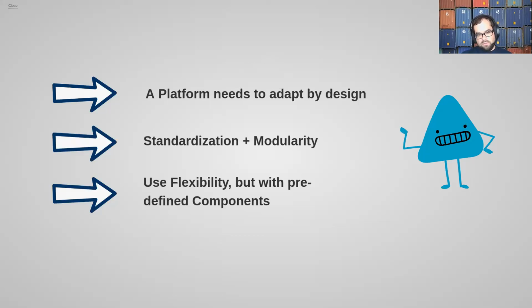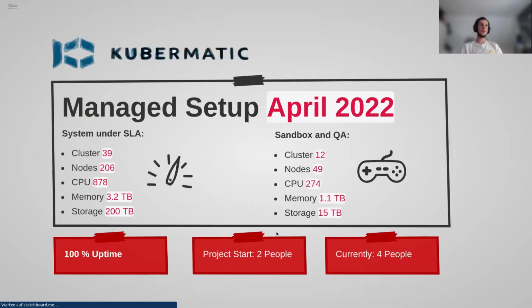Okay. And to bring this all to a conclusion, we basically have currently our managed setup with the numbers from April. And as you can remember, we were on 99.96% required uptime.